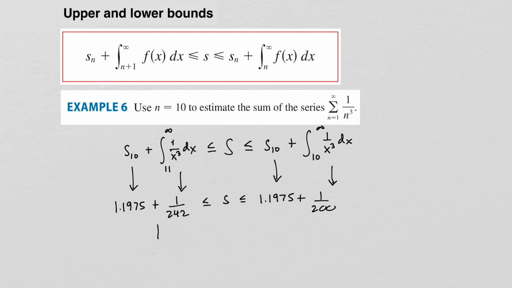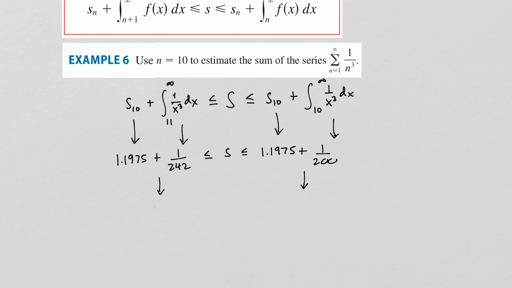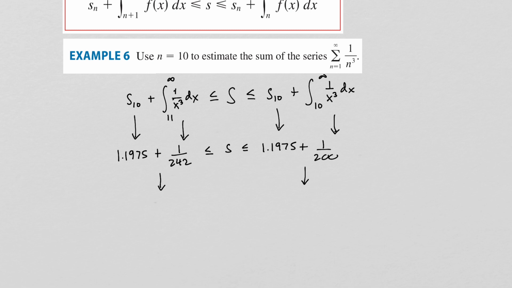Now, if you compute these values on a calculator, you get approximately 1.2016. And on the other side here, we get 1.2025.